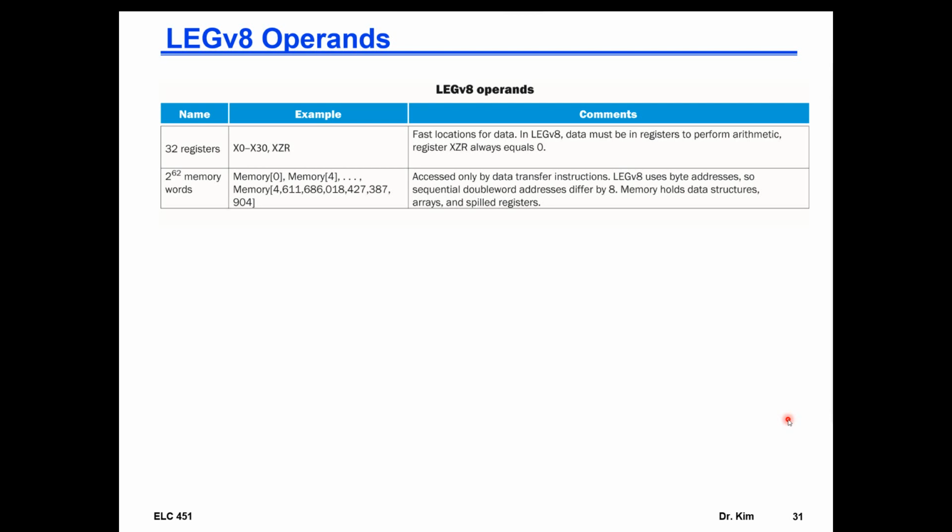And there is a special register, XZR, which doesn't really exist as a real register, but it's an abstraction that the hardware provides as the value 0. It's always equal to 0, and you cannot write it, but you can read it and use 0. Well, 0 is a very useful number when you're doing a number of things.